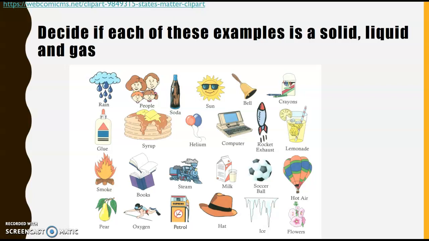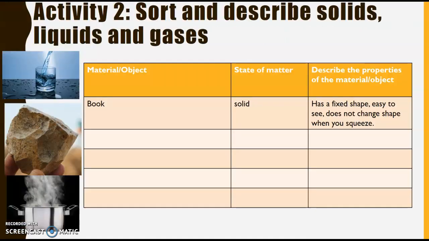We've done this before, and I know that you can do it. Once this activity is done, you will move on to the next activity. These objects will be projected on the board, and you'll be given time to look at them and decide if they're solid, liquid, or gas, and then we will move on to our next activity.